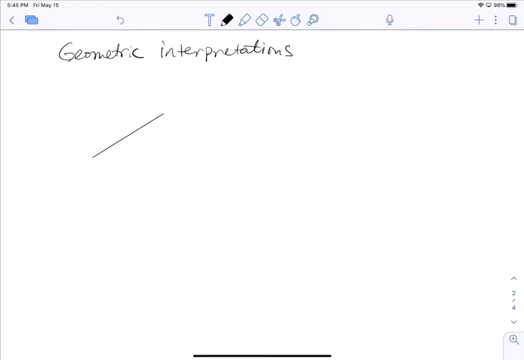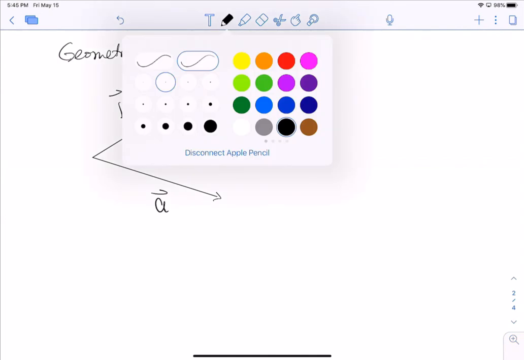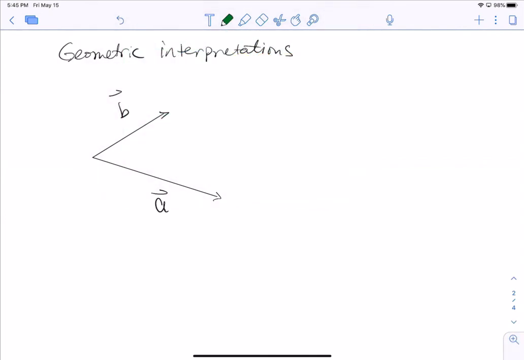Given two vectors, A and B, I'll make A the one that's kind of lower and B the one that's kind of higher. The cross product A cross B is going to yield a vector that is, as we said, orthogonal to both A and B. So here we have a vector A cross B, and it meets A at a right angle and it meets B at a right angle.